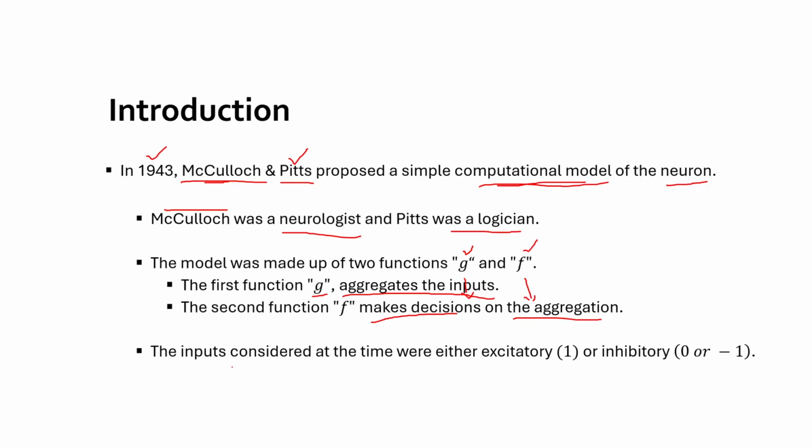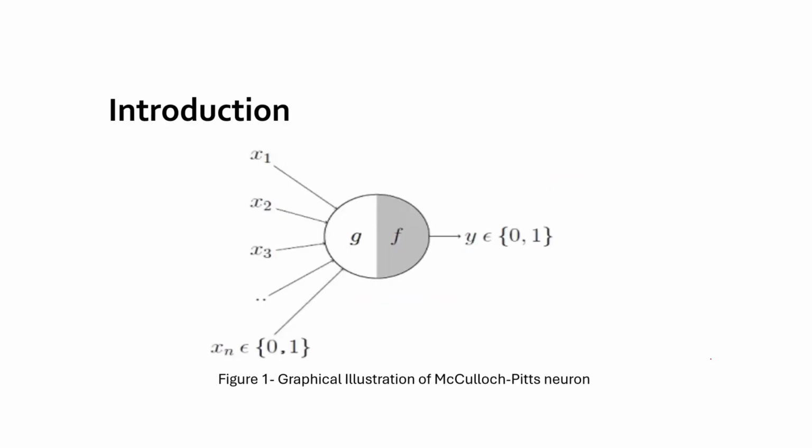The inputs to their model were either excitatory, meaning 1, or inhibitory, meaning 0 or -1. And this is a graphical illustration of the McCulloch-Pitts neuron.